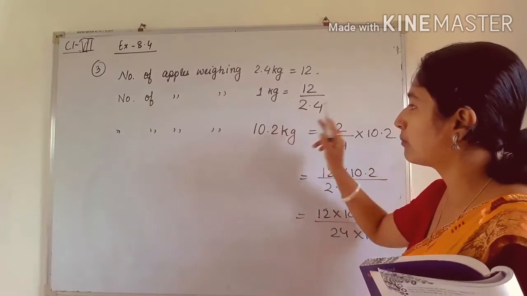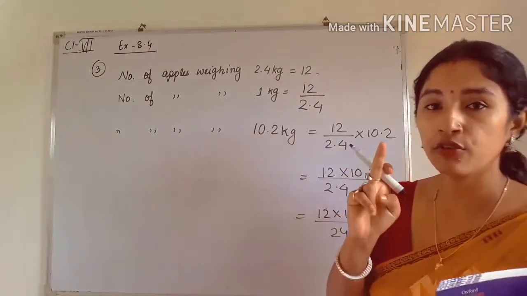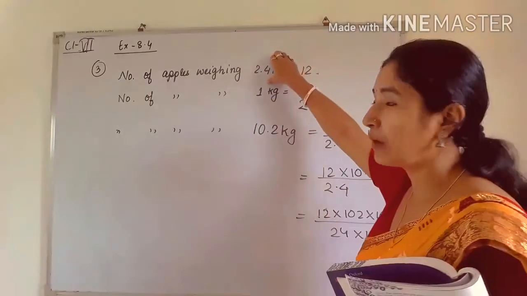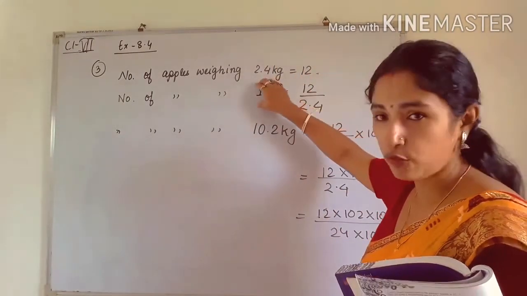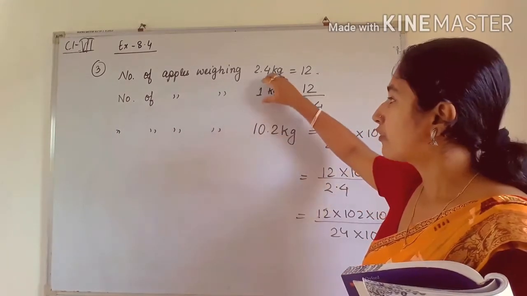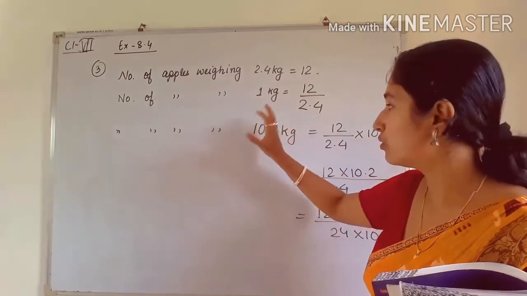Okay, so 12 divided by 2.4, you know that we have to divide. If we are finding for 1, then you have to divide. This is given for many and you are finding for 1, then again you have to find for many, because after finding for 1 we can easily find for many. Okay, you know this thing.